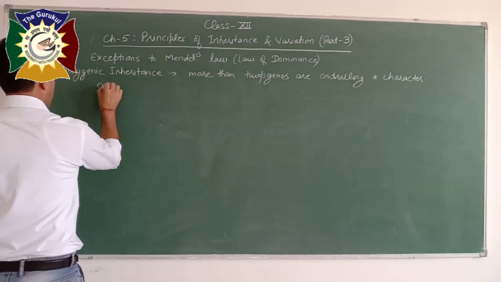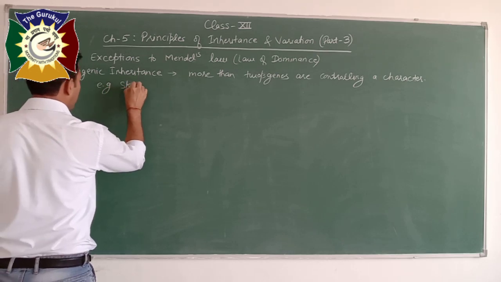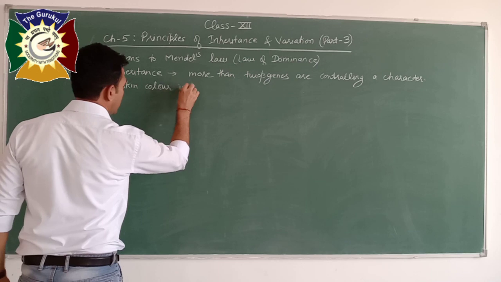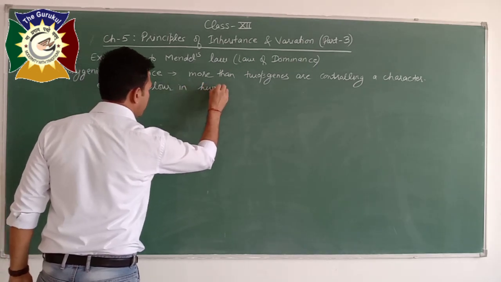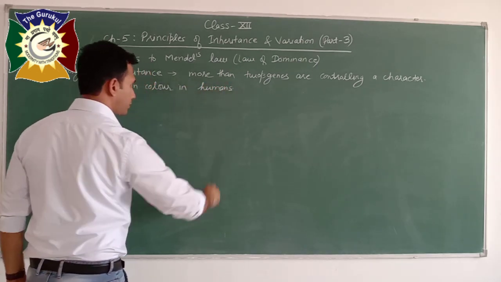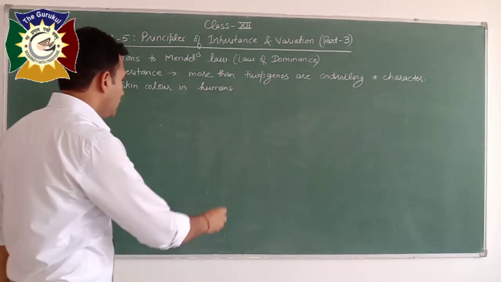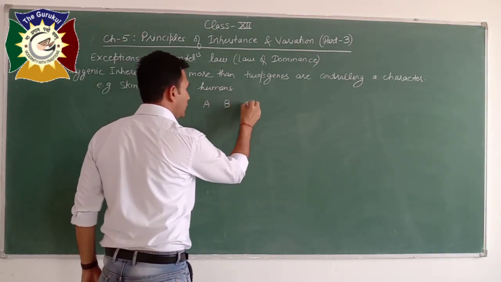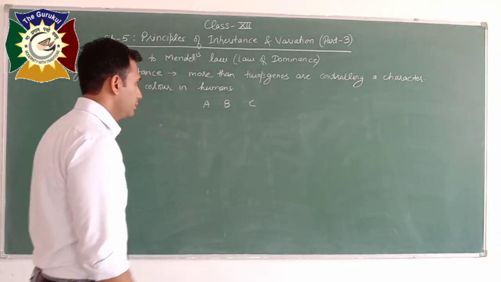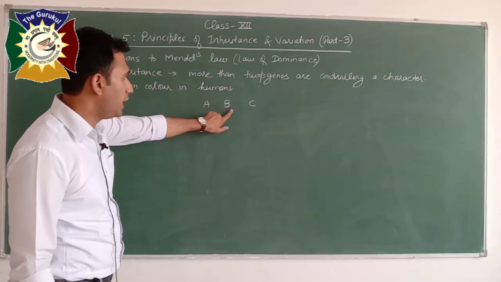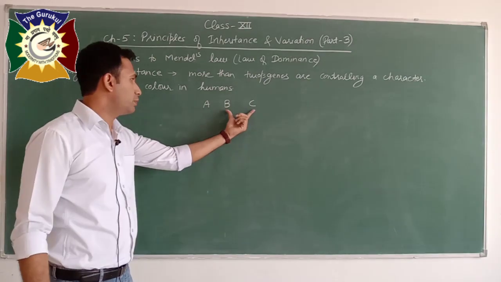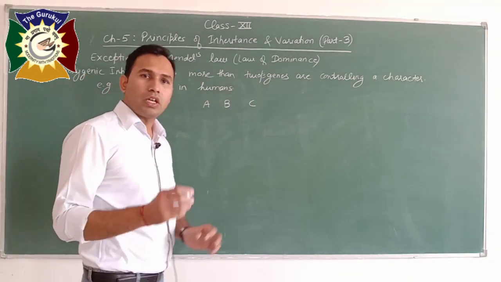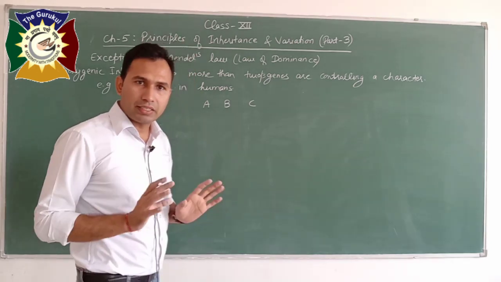An example is skin color. Skin color in humans. So in humans, there are 3 genes, A, B and C. So the cumulative effect of all these 3 genes is responsible for the overall phenotypic effect.